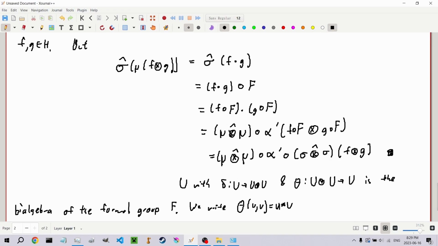I'll put tails on the u's, otherwise it's going to be illegible. And u bracket v star. The star bracket is going to be u star v minus v star u.